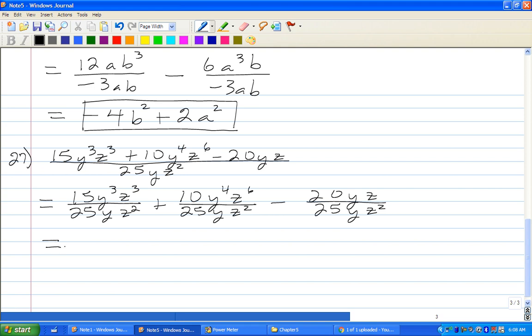Okay, so I can divide both 15 and 25 by 5, and so I get 3 over 5. Y cubed divided by y is y squared. Z cubed divided by z squared is z.